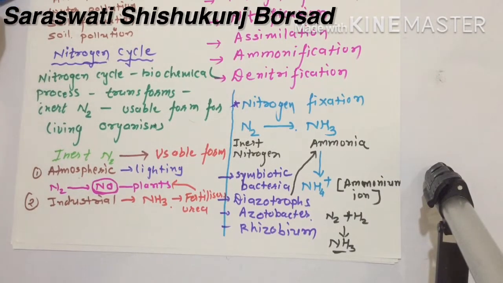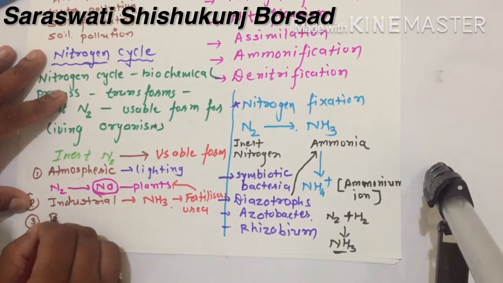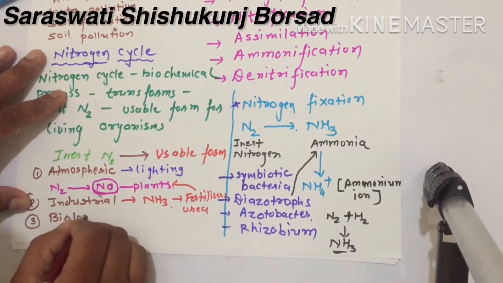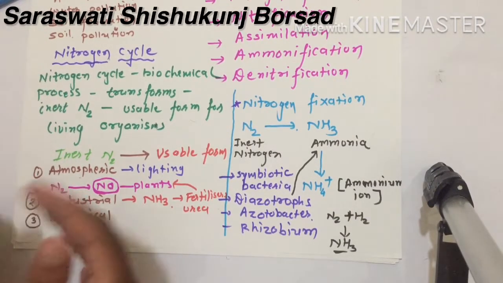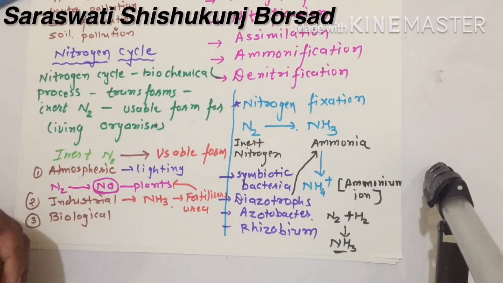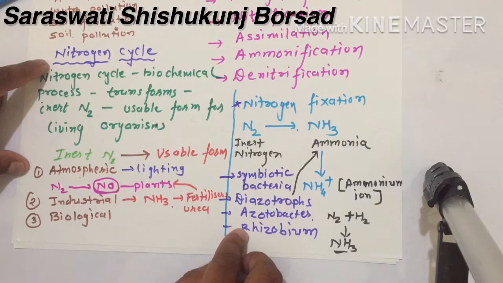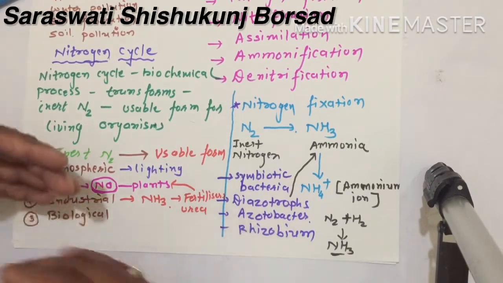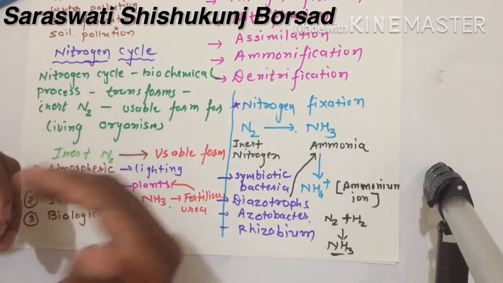And the third process of nitrogen fixation is the biological process. Now what happens in the biological process? As we have discussed, rhizobium and blue-green algae transform the unusable form of nitrogen into usable form.